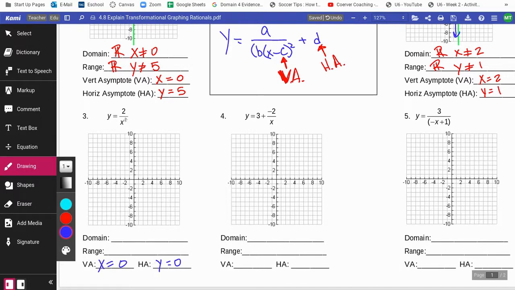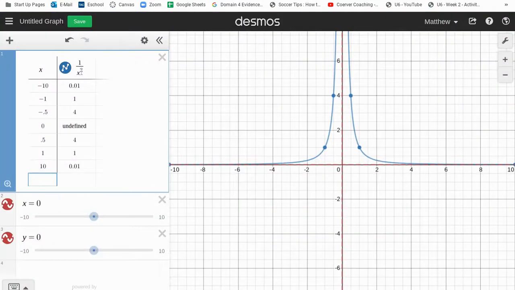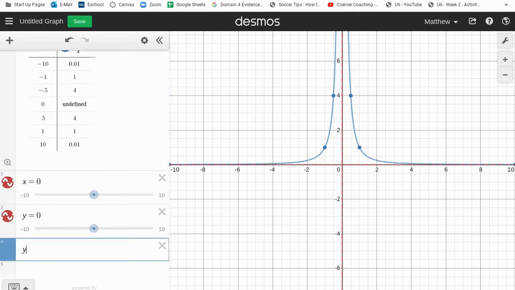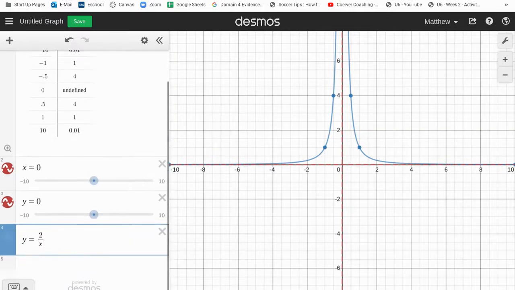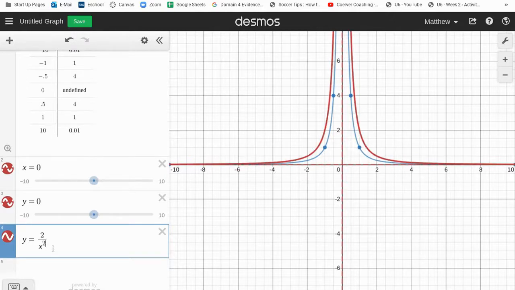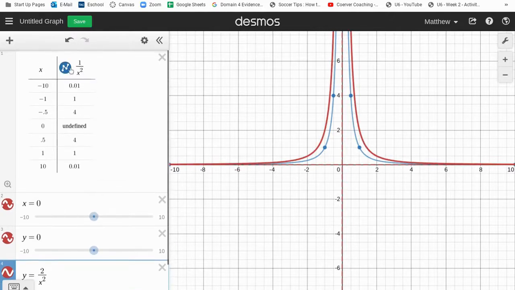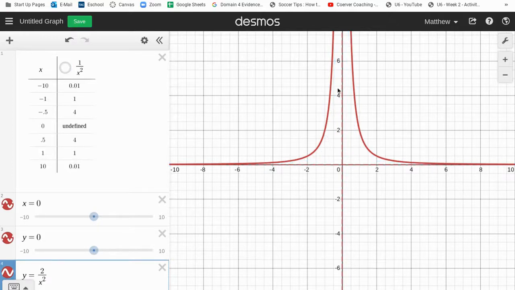So this one, the parent function is down here with the squared because x is squared. So I'm going to plug this into Desmos. Here's my original parent function of 1 over x squared. And then I go y equals 2 divided by x squared. From my parent function to this new graph, what transformation occurred?